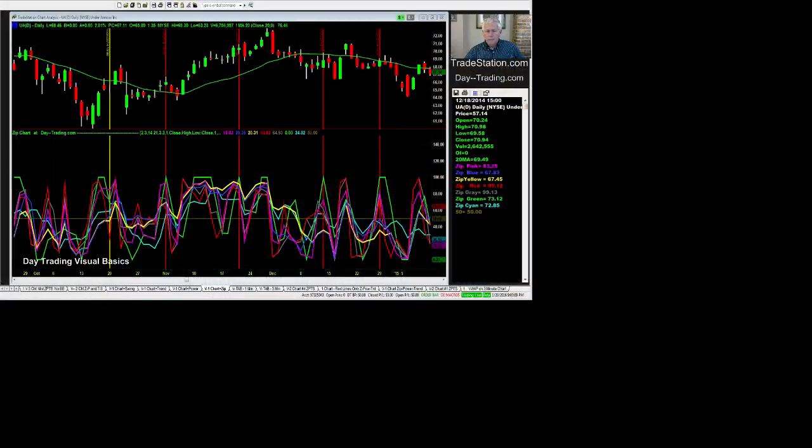I'll switch over to the chart. In this example I've got vertical lines drawn on the pinpoints, at the start of the first day of the pink green top.